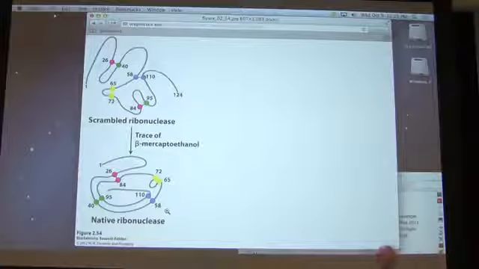Yes? Good question. Is this energetically favored to be in the native form? Okay? In general, yes, but when we look at the energies associated with folding, there's energies all over the wazoo for each step. And so we have peaks, valleys, peaks, valleys, peaks, valleys, peaks, valleys. It's happening over the folding.